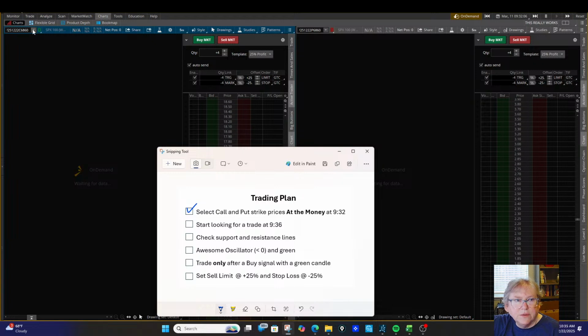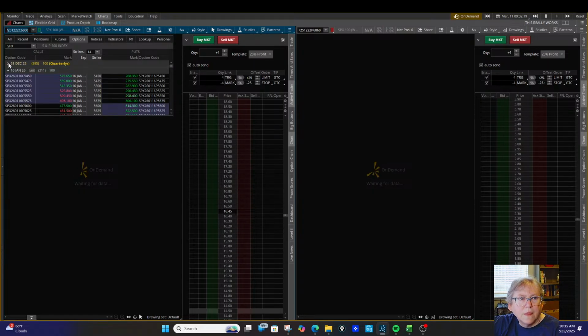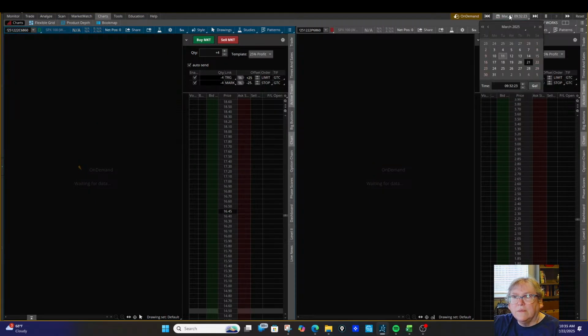So we come up here to the symbol table. A lot of people don't know about this, that you can do this. And options and SPX. Okay, this one's not operating right. Let's try the 12th.